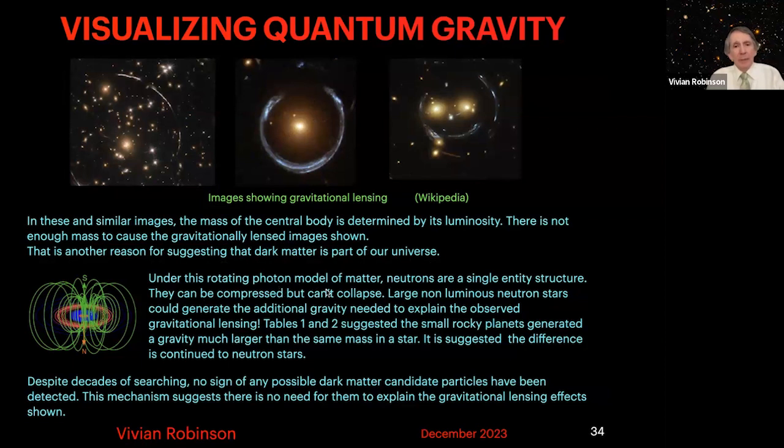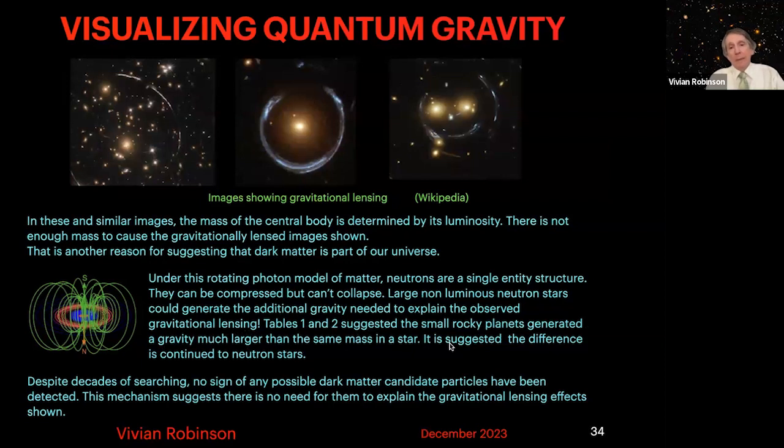Under this rotating photon model of matter, neutrons are a single entity structure. They can be compressed but can't collapse. Large luminous neutron stars could generate the additional gravity needed to explain the observed gravitational lensing. As mentioned earlier, tables 1 and 2 suggested the small rocky planets generated a gravity much larger than the same mass in a star.